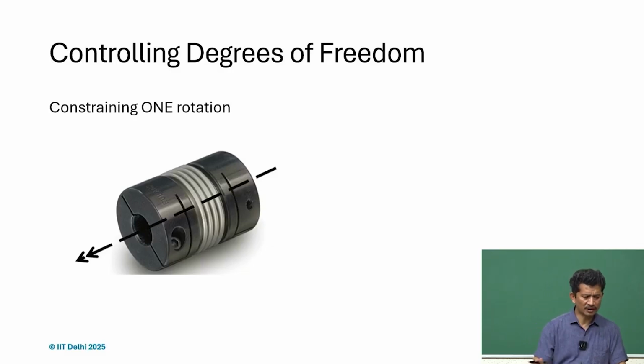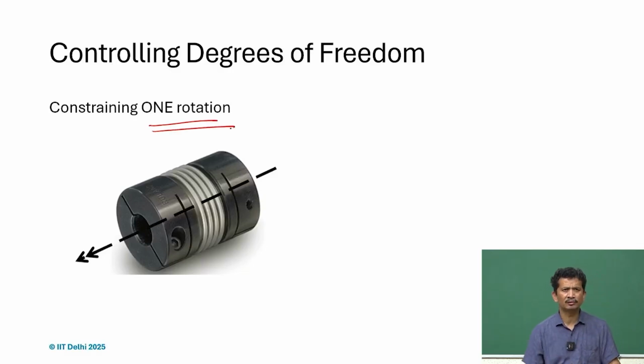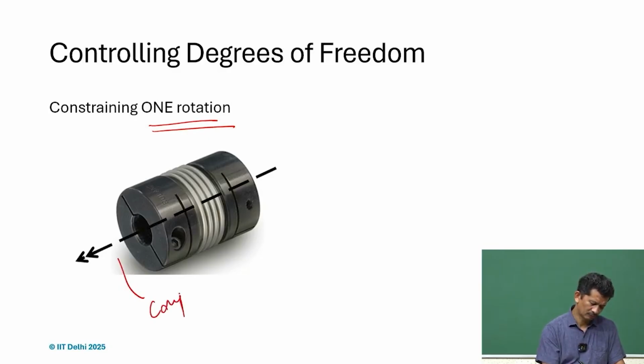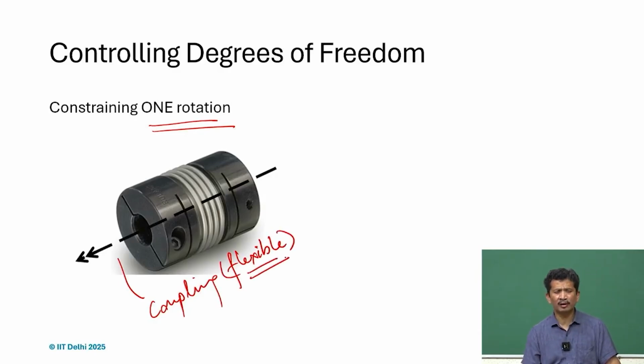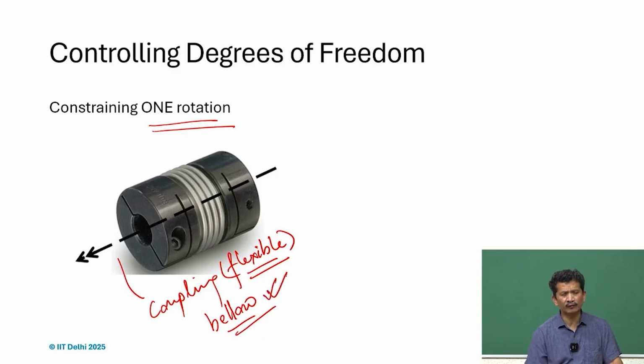One of the ways to constrain just one rotation is also using a coupling. There are a lot of flexible couplings, and here is one more like a bellow, and basically they are used for transmitting the power from the motor to the ball screw or to a shaft.